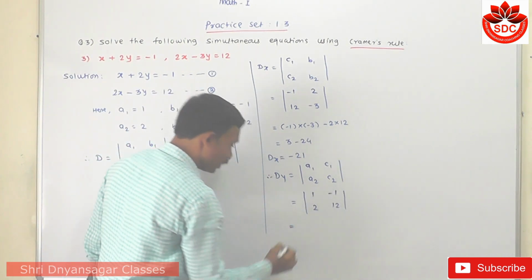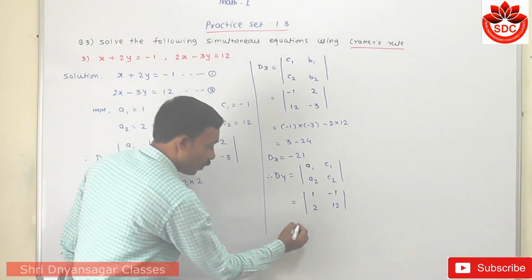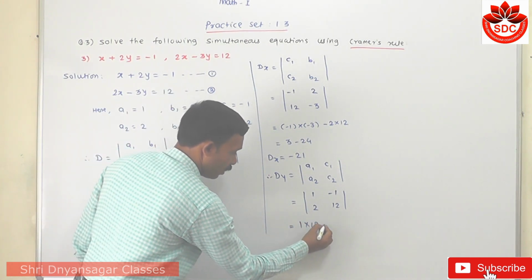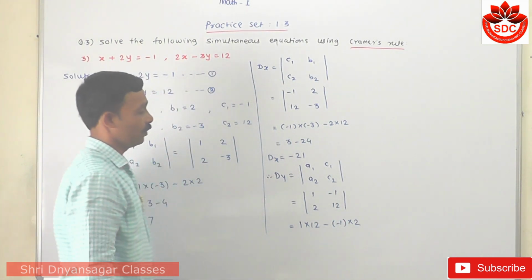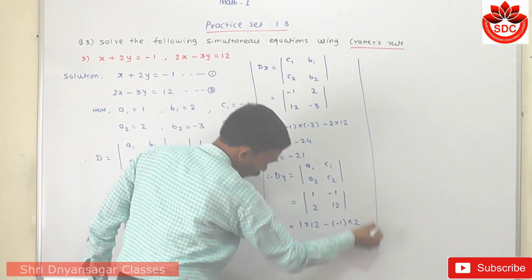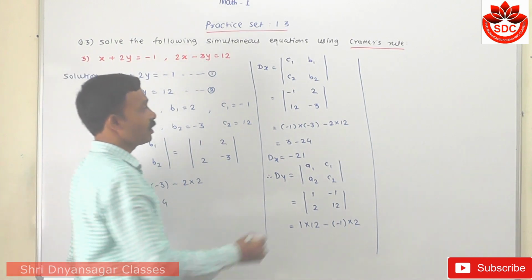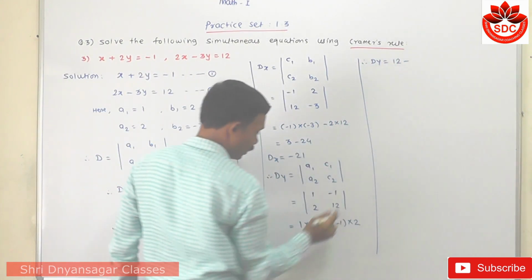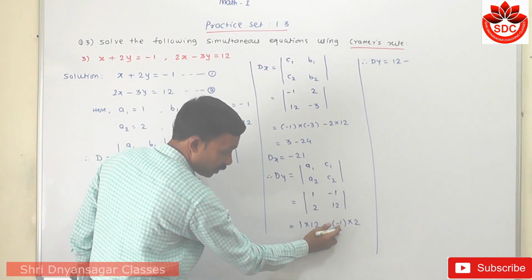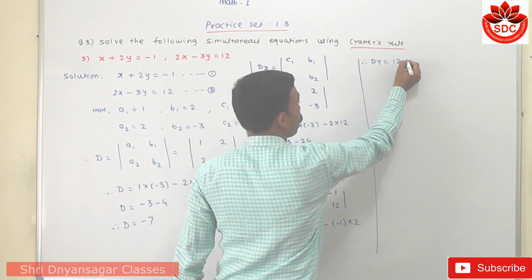Then we take its cross products. This is 1 into 12 minus 2 into minus 1. 1 into 12 is 12, 12 minus minus 2 is plus 2, so 14.